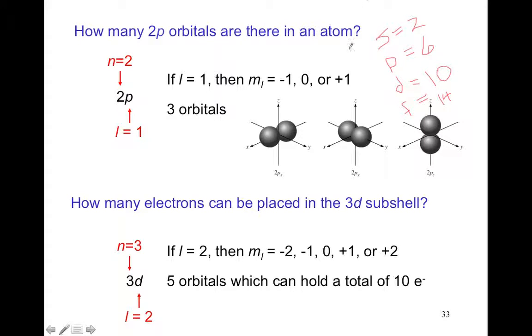So I had you commit those to memory when you were in Gen Chem: s, p, d, f in that order, 2, 6, 10, 14. If you don't know, start with 2, add 4 each time, that's where you end up. And those are the number of electrons that each can hold.